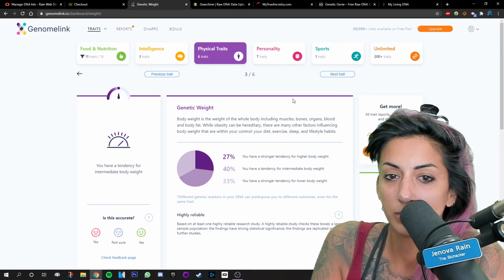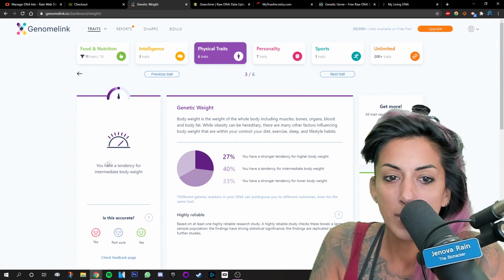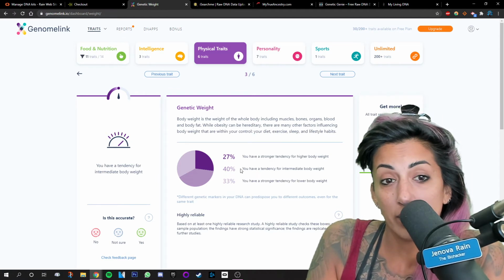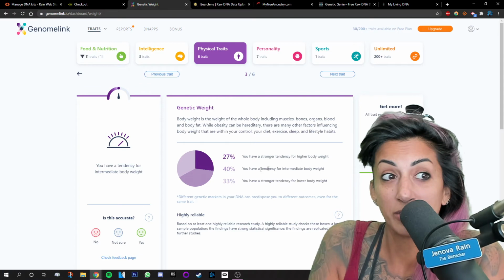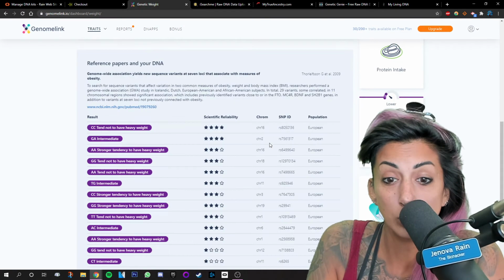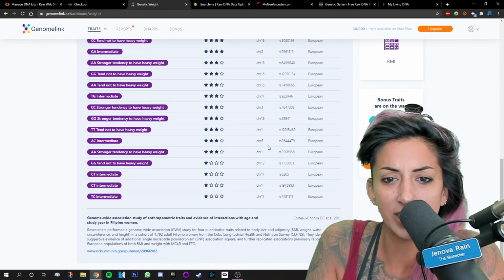Next. Genetic weight. You have a tendency for intermediate body weight. So I have an average capacity of average weight.